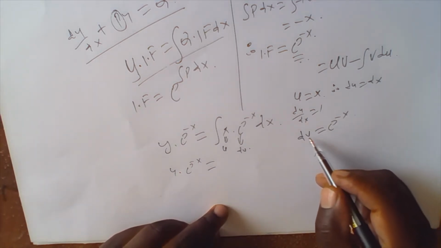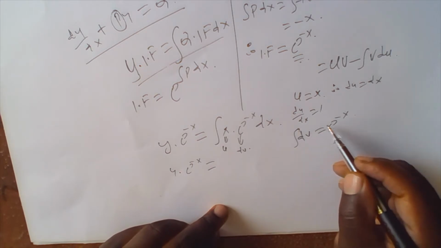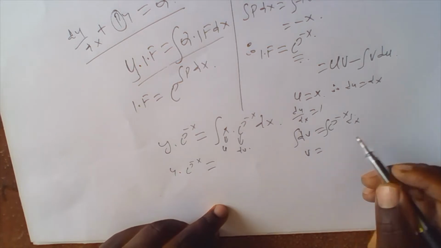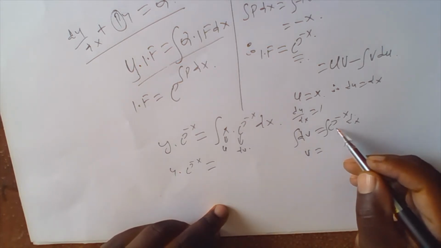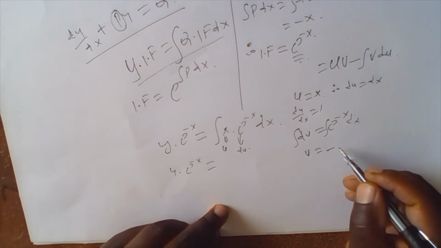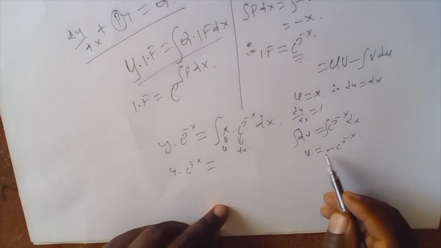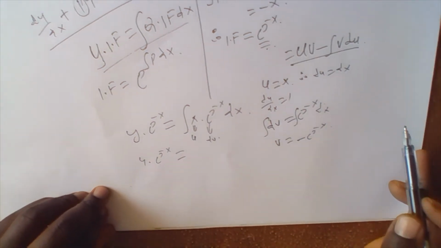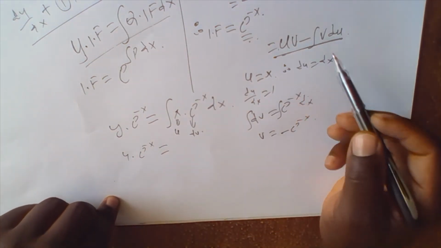So for us to get the value of v, we integrate this equation on both sides. So when you integrate dv, you get v equals, when you integrate exponent minus x, you get minus exponent minus x. So once we have this, we now insert in the integration by parts formula, which is uv minus that.